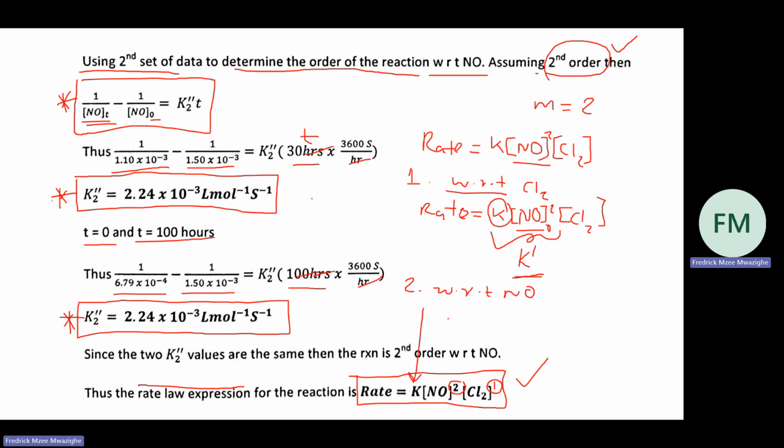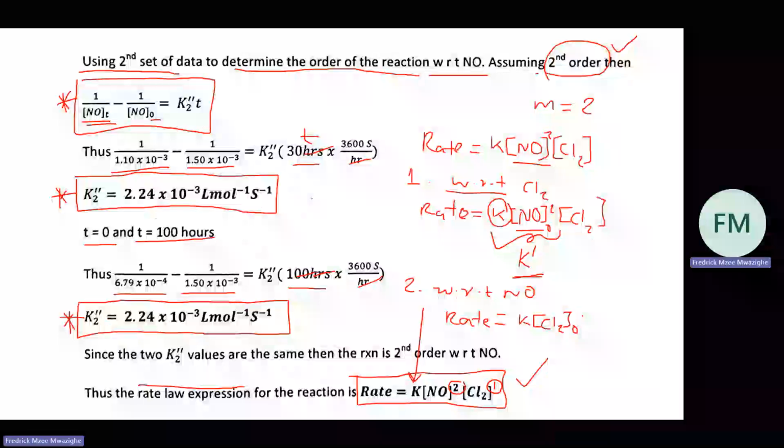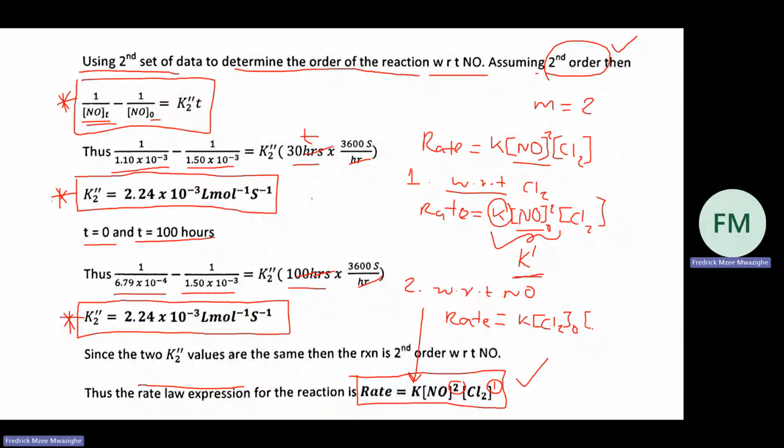In that case, the concentration of chlorine is kept constant. So rate would be equal to K times the initial concentration of chlorine, which is this, power 1, times the concentration of NO squared.